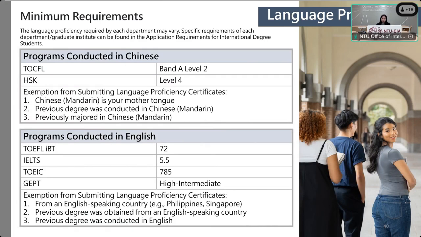If you apply for programs conducted in English, you will need to submit an English proficiency certificate such as the FRB2. And these are some of the acceptable English certificates. For more details, you can refer to the chart that I showed you earlier. There are also some exemptions from submitting language proficiency certificates, and you can search for more details on our website.